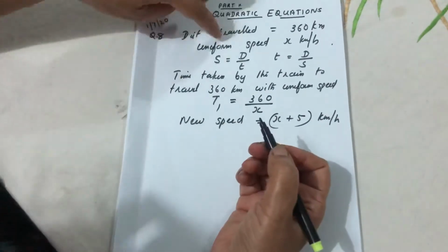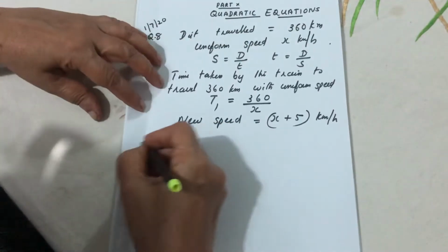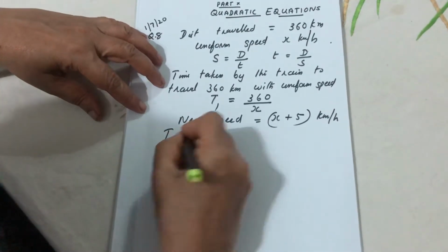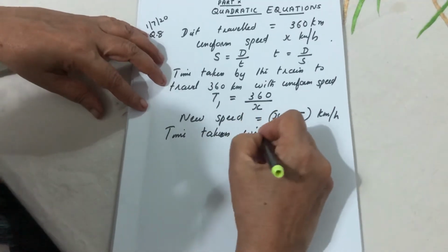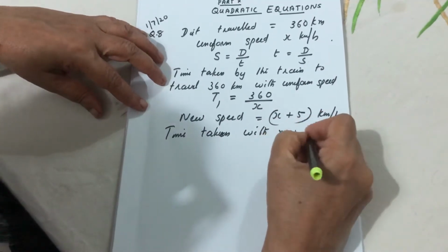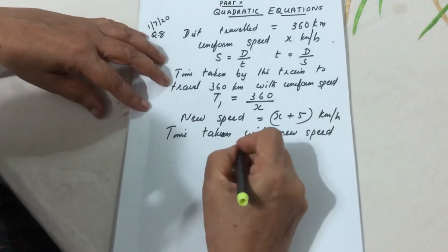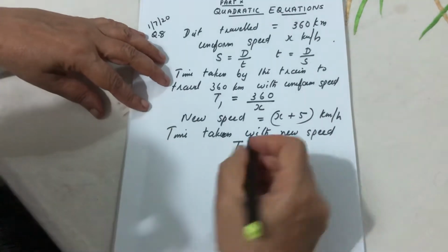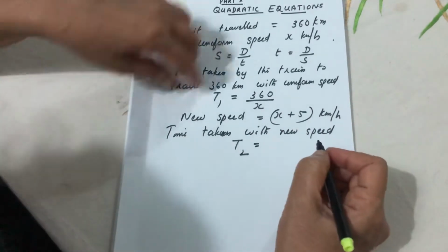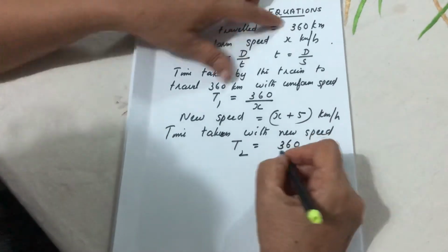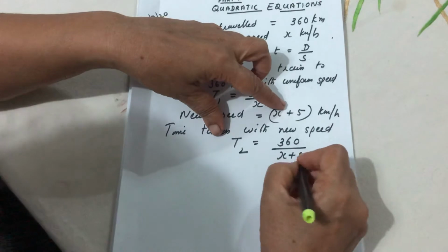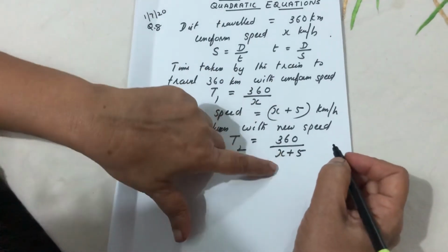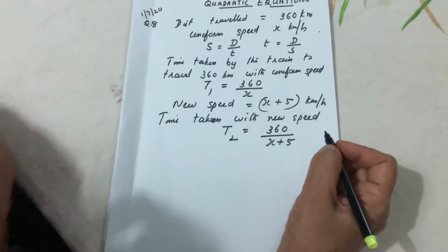Then distance is same, 360 km. Therefore time taken with new speed, that is T2 I am denoting, that is equal to distance 360 divided by new speed x plus 5. Therefore 360 by x plus 5 is the new time.